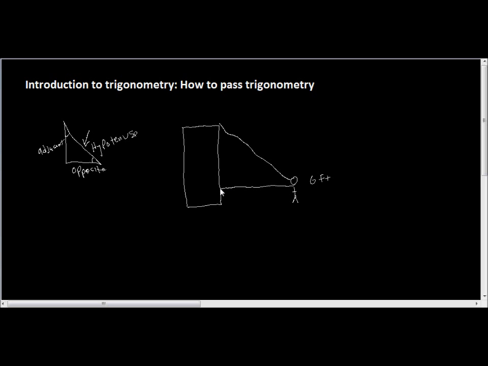If we know what this angle is, and we know how far away from the building he is, say maybe 20 meters away, looking up at a 45-degree angle, we can actually figure out how tall this building is just by using trigonometry.